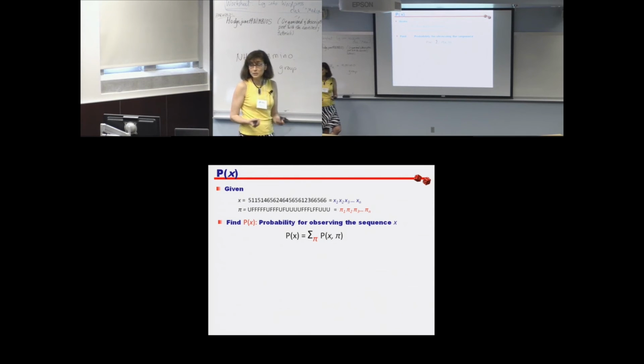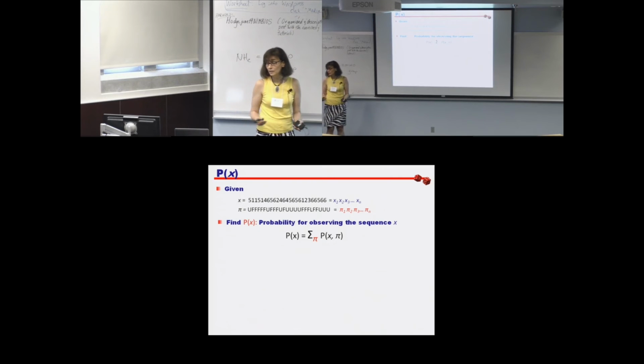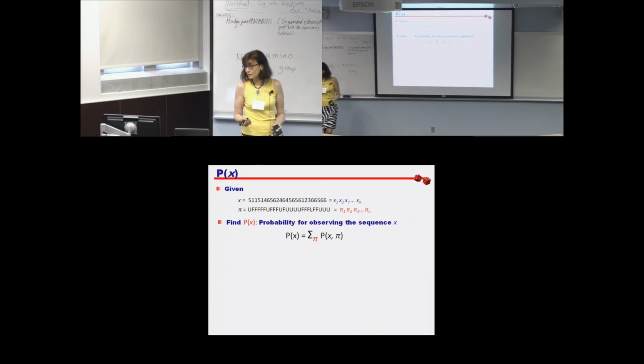We have a sequence of a certain length, and we have only 2 states for the hidden sequence, finite in any case. So we have finitely many sequences. And we can sum over all of those sequences. We know how to compute the probability of x and pi for any x and any pi. And after we sum up over all pi's, we'll get f of x.